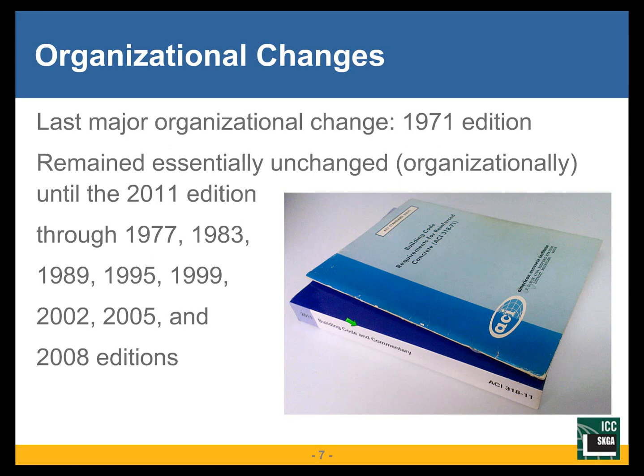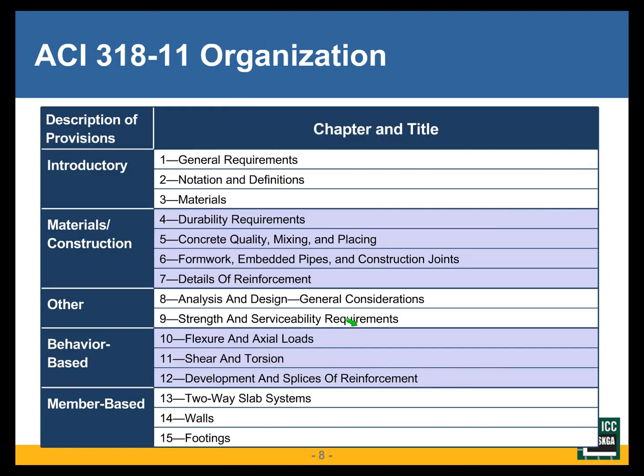But even then, the volume has expanded, more things are covered, a lot of stuff has happened. What did not change through 318-11 is the basic organization of the document, the sequence in which material is presented and so forth. That has changed in a big way in ACI 318-14.